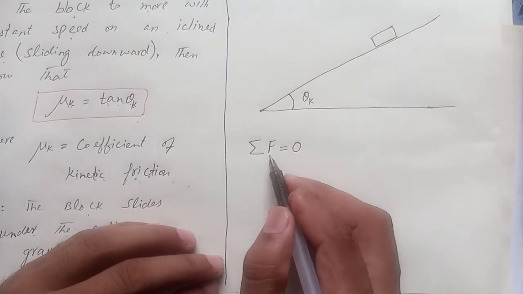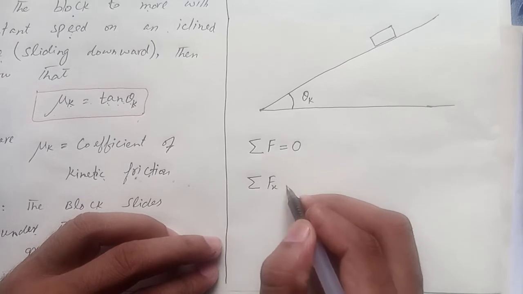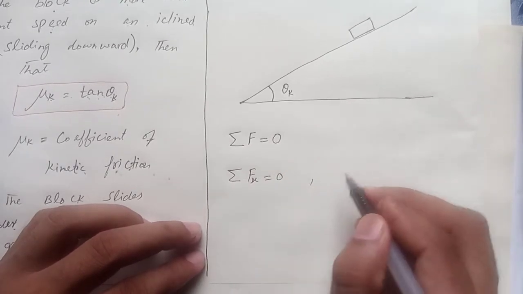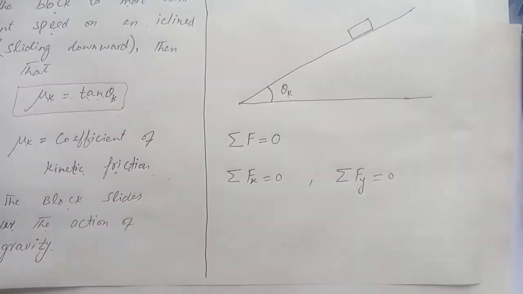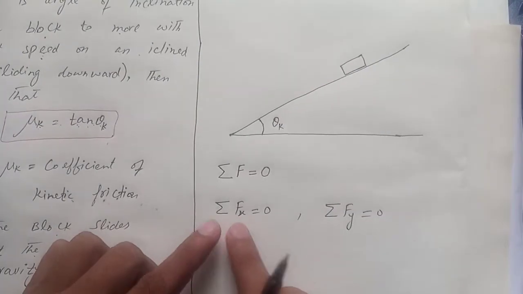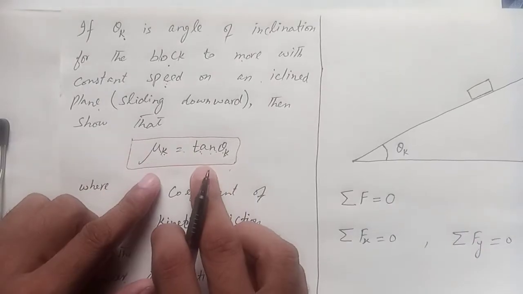We can write this condition of equilibrium in terms of rectangular components as the sum of forces along the x-axis is equal to 0 and the sum of forces acting along the y-axis is also equal to 0. Using these conditions, we can prove this relation.